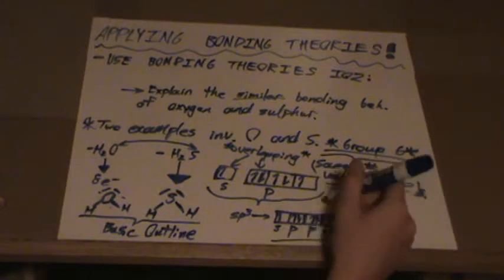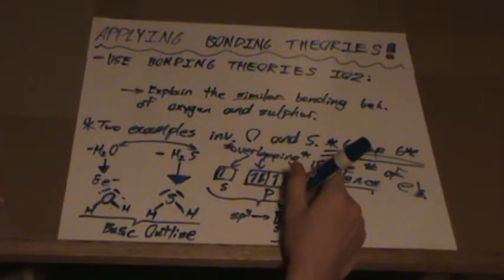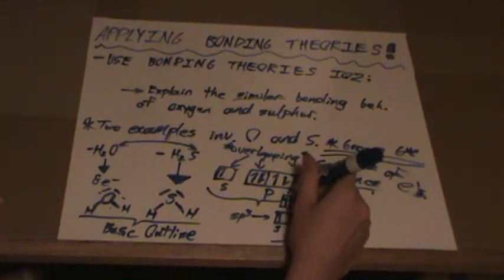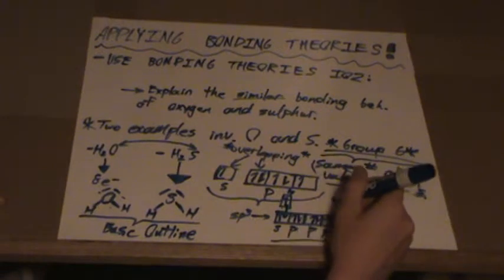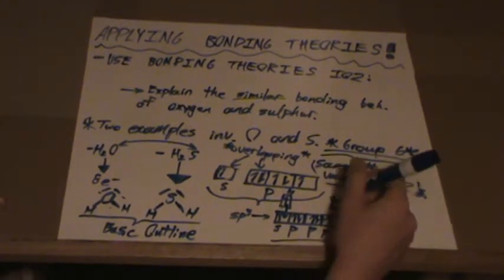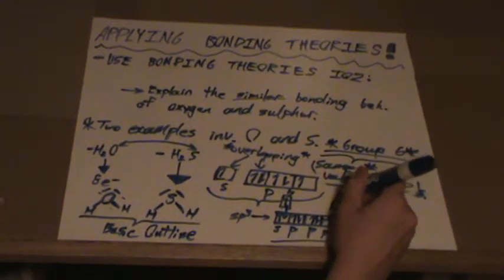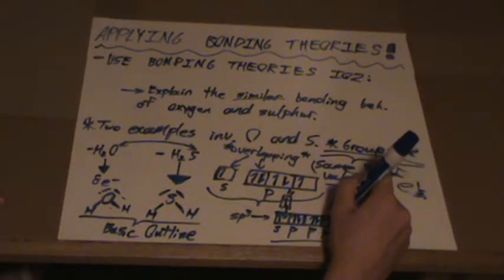So now, because we know that hydrogen has 1 electron in its 1s orbital, we can bond these 2 together. And same thing here, because there's another hydrogen, 1s, 1 electron, we can bond these 2 together.